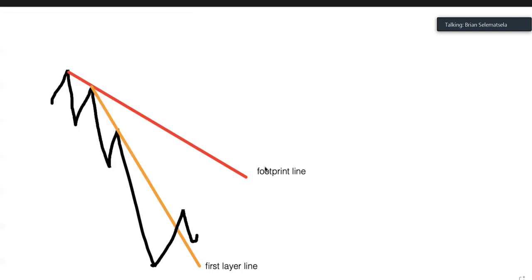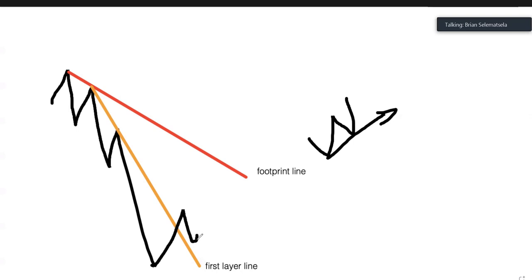Why is that? Because at the end of the day, we want to be able to draw a footprint in the opposite direction, to buy in the opposite direction.